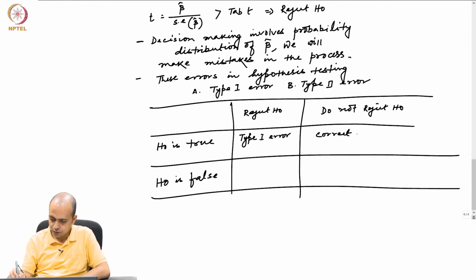That means you are committing a mistake. H naught, the null hypothesis, is actually true. So, you are rejecting a true hypothesis.